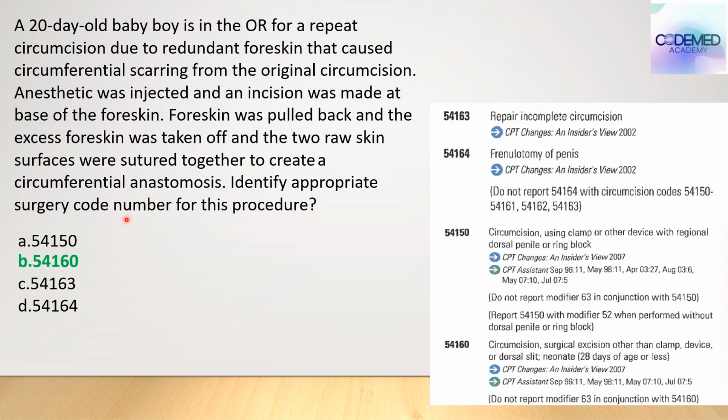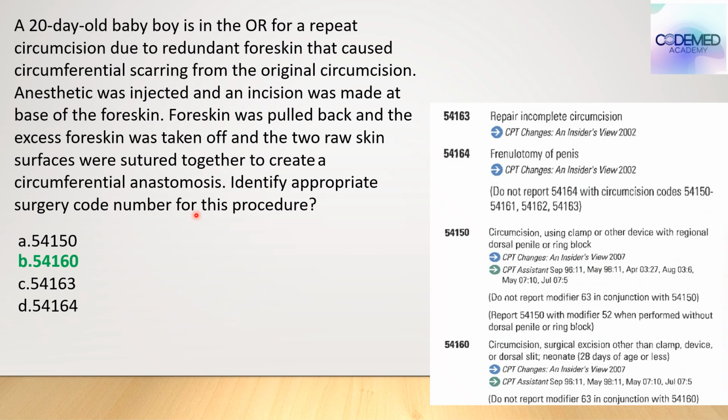So in this case, there is a repeat circumcision because of the redundant foreskin, which causes the circumferential scarring from the original circumcision. So we will go with the code 54160, and it is for the surgical excision, because the foreskin was pulled back and excess foreskin was taken off and the two raw skin surfaces were sutured together to create a circumferential anastomosis.